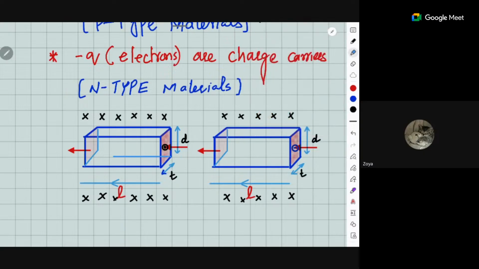The positive charge carriers will drift down on the lower face. So in this way, the lower face becomes positive, and what about the upper face? That will become negative, na?